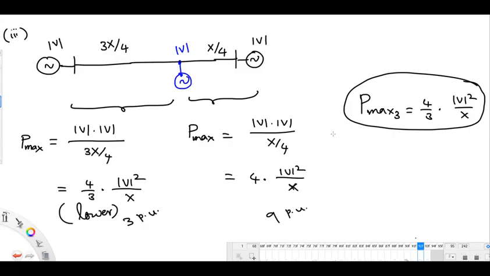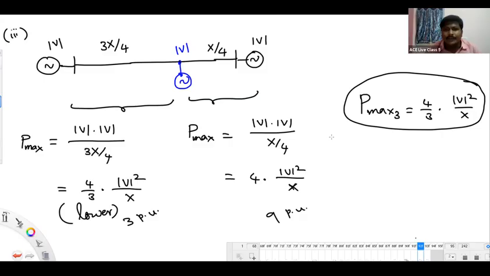That doesn't mean, sir. While dividing the reactance, in the first case there is no sharing. In the second case, equally divided. In the third case, we divided 3 by 4 and 1 by 4. Why? Based on the source, sir. Because he said 75% length is keeping the source. Yes, sir.